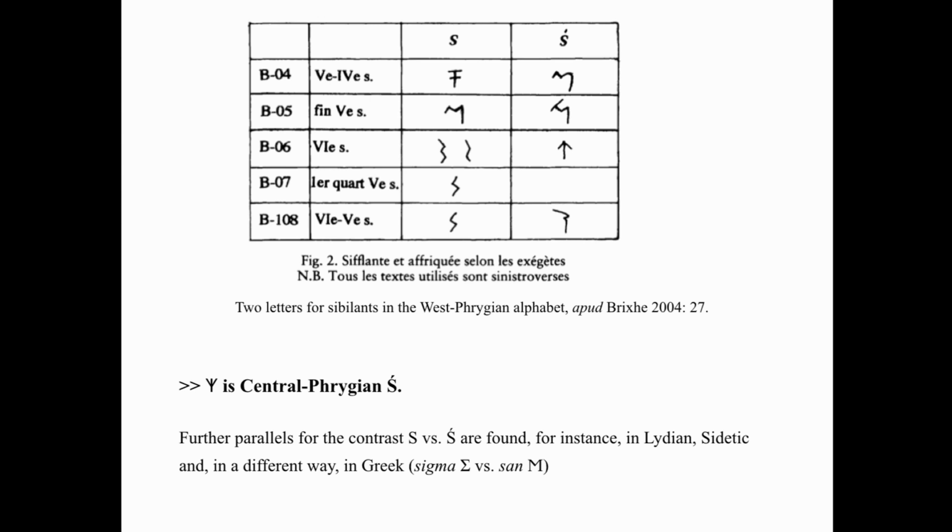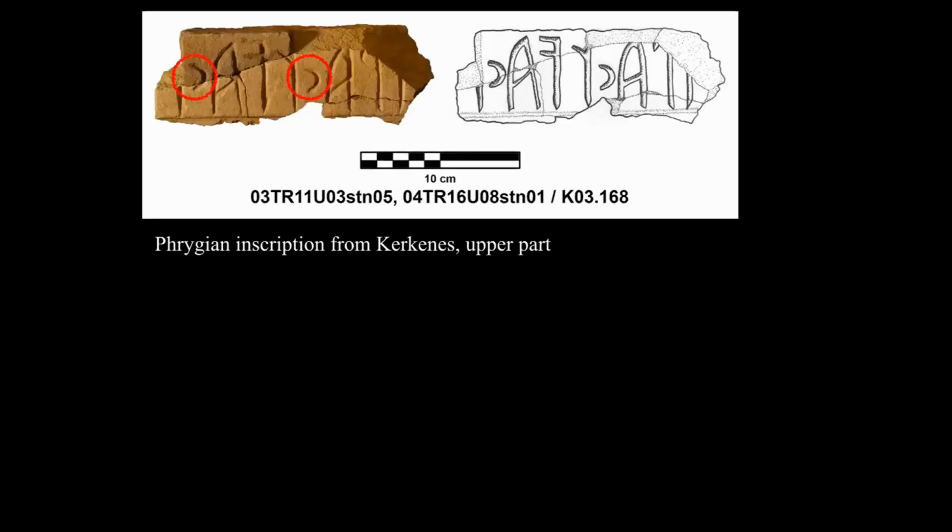And of course, as I already mentioned, the same situation we have in Lydian, also in Sidetic, and in a slightly different way in Greek. So we have several letters for sibilants.